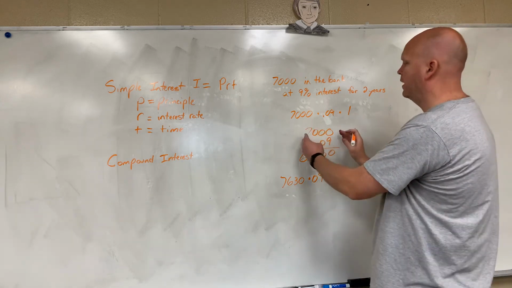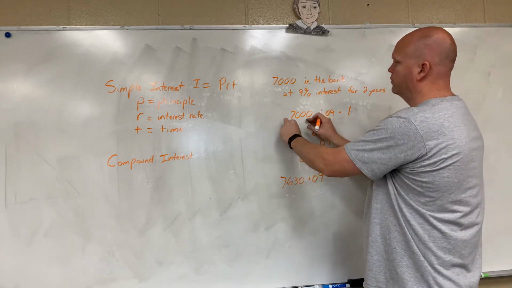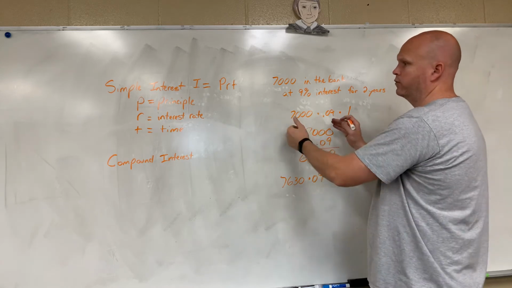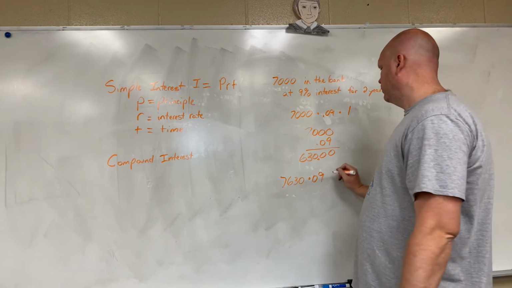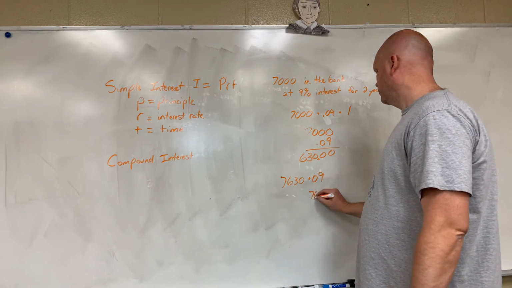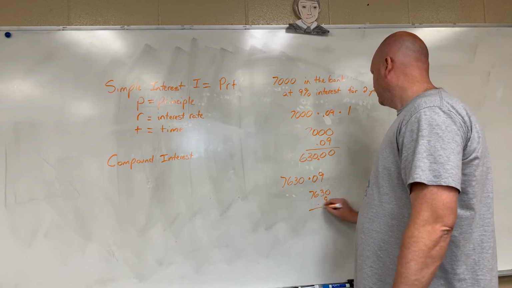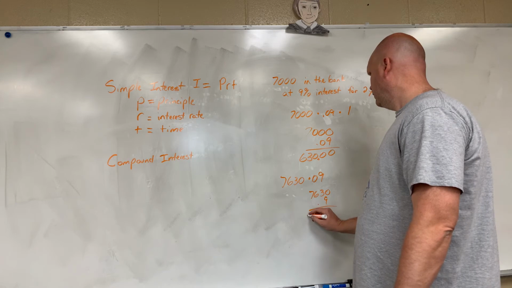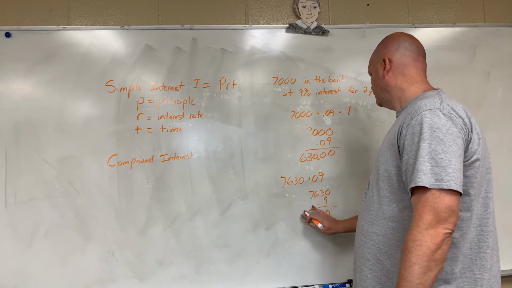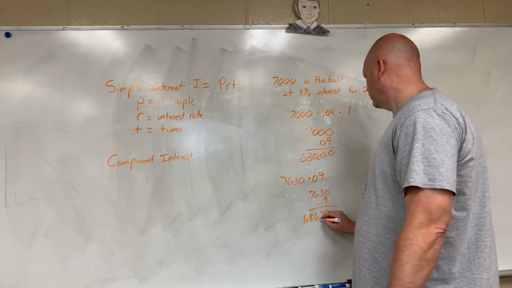Since it's compounded for 2 years, we do the same thing, but now we have a new amount because we have stacked or added this amount to our principal after the first year. We earned that the first year, and it keeps compounding. So we would do the same thing again, 7,630 times 0.09, 0.7668. 2 decimal places.